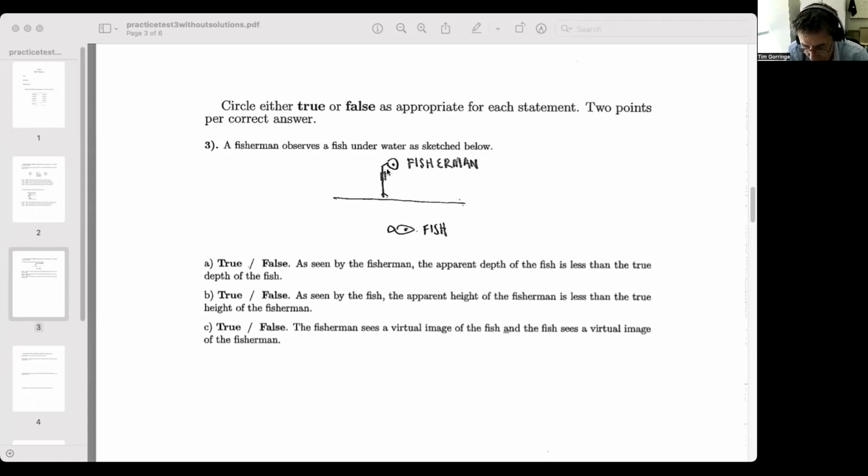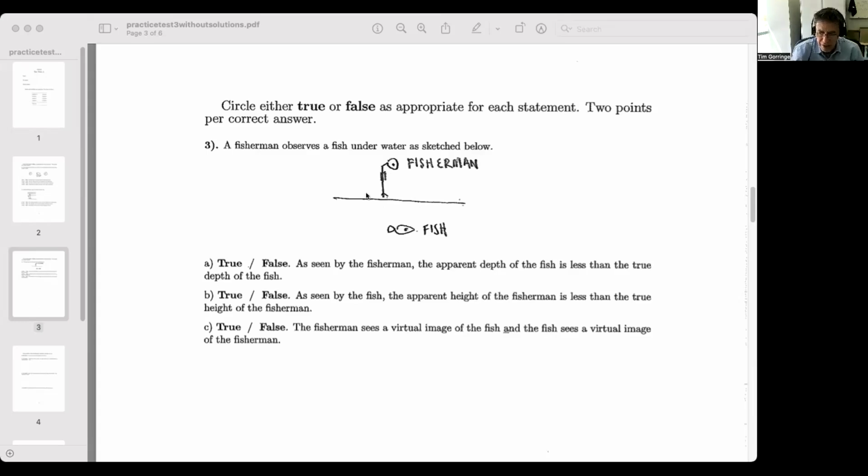If the fisherman was to look at the fish, they would see the light from the fish that has undergone refraction at the interface between the air and water. Similarly, if the fish is looking at the fisherman, the fish would see light from the fisherman that's undergone refraction at the air-water boundary indicated here.